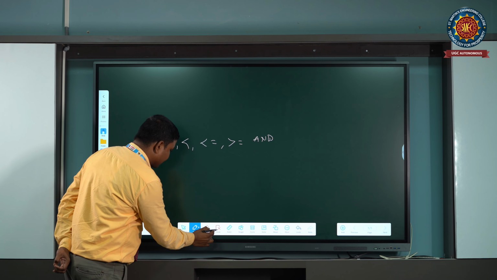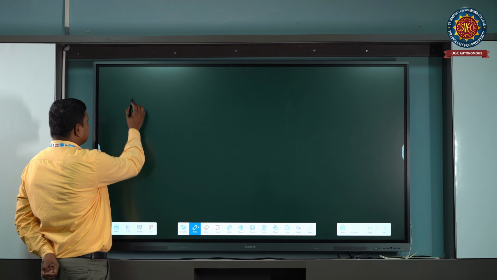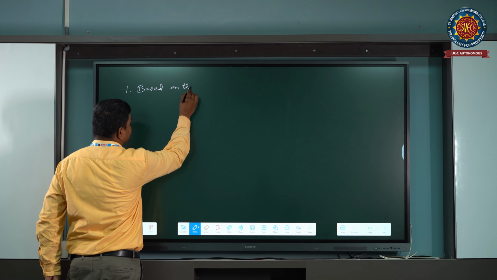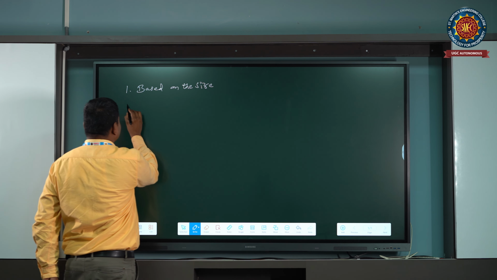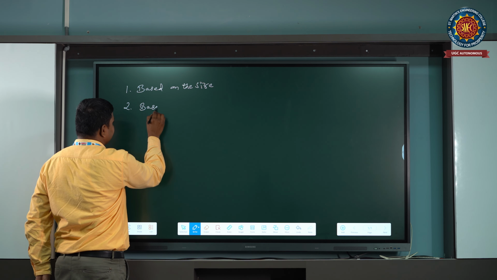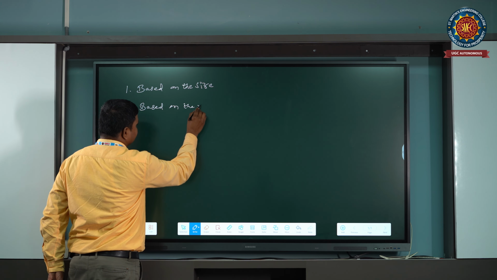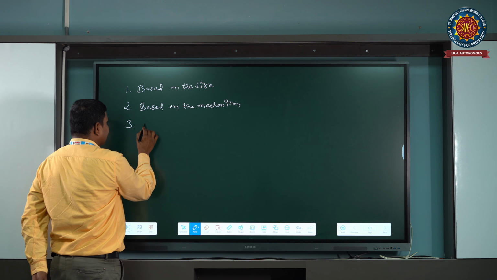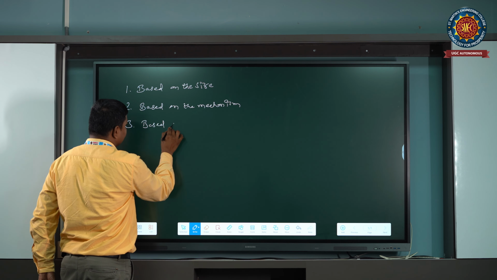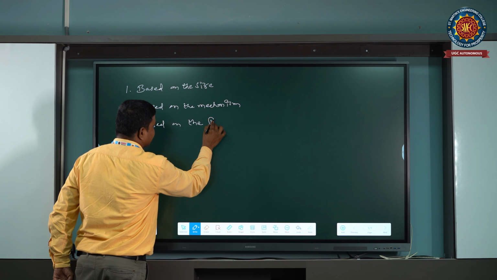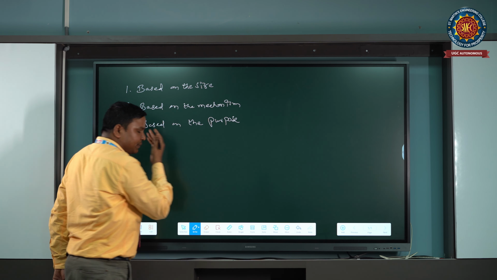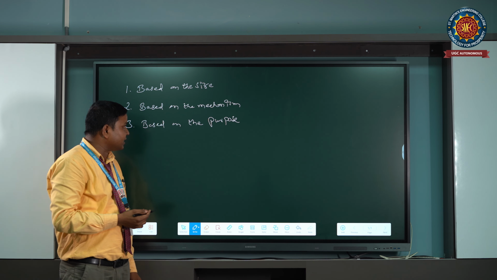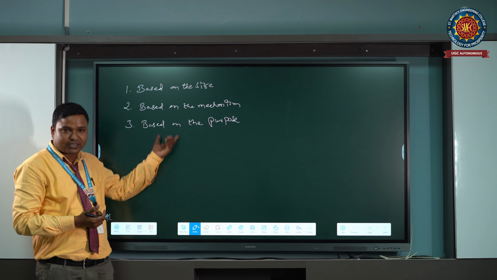The first is based on size, the second is based on mechanism, and the third is based on purpose. So there are majorly three categories: based on size, based on mechanism, and based on purpose.